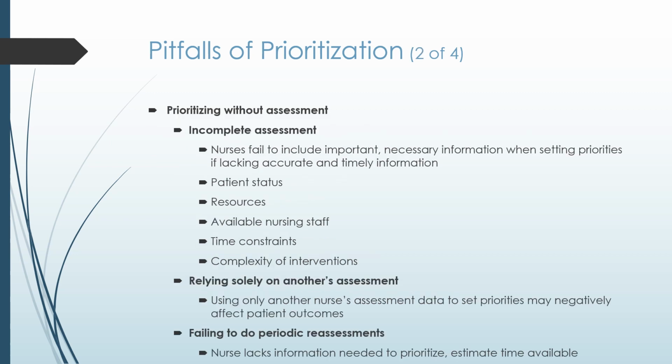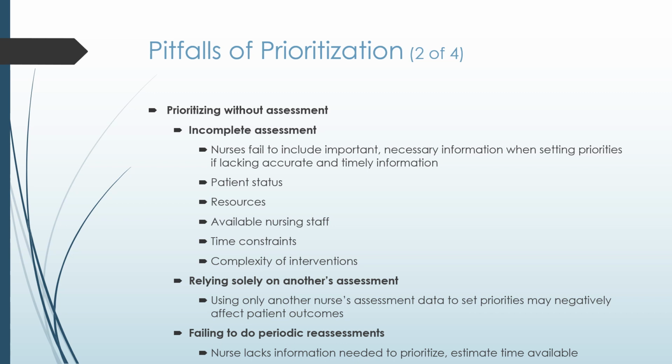Other things that can cause you to have pitfalls of prioritization: if you try to prioritize without assessment. You cannot do that. If you do, you're going to fall in the pit. An incomplete assessment, you're going to fall in the pit. If you don't have ongoing assessment, you're going to fall in the pit. Solely relying on another nurse's assessment.